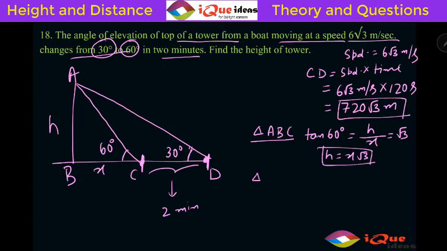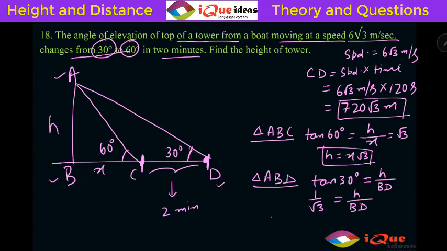Now look at the triangle ABD. Right? This is ABD. Now in this triangle we have tan 30 degree equal to, now the side opposite to 30 degree is AB, that is H, alright, and divide by BD. Let's write it as BD first. Now tan 30 degree is 1 by root 3. So 1 by root 3 is equal to H by BD.